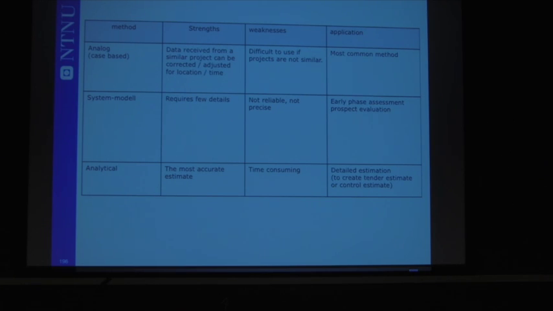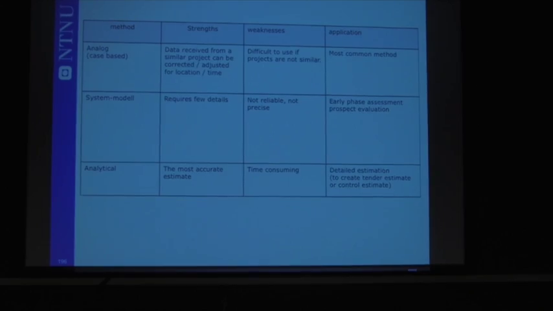When we use this, which one of these should we use? In which circumstances? You see, analog, its strength is that you have verified data, which means that your confidence level in this data is high. So you are more confident when you use this analogy approach.